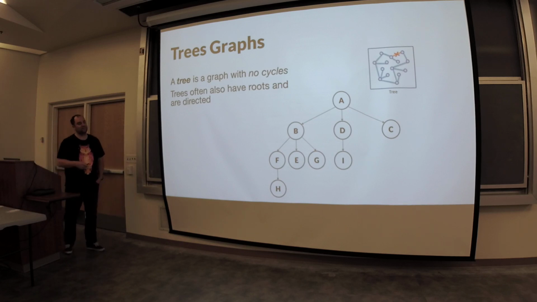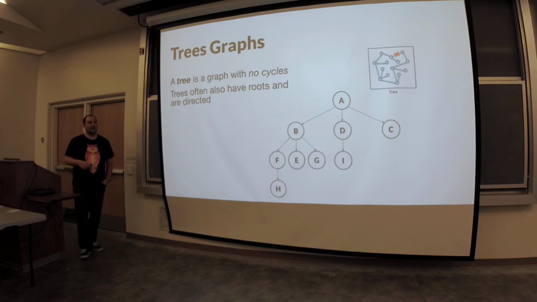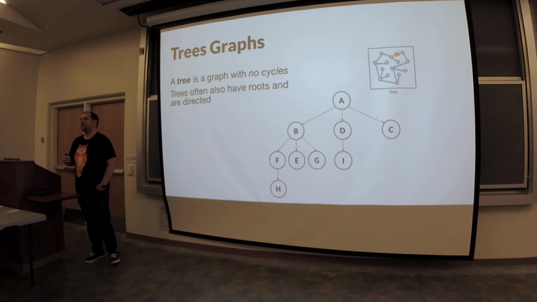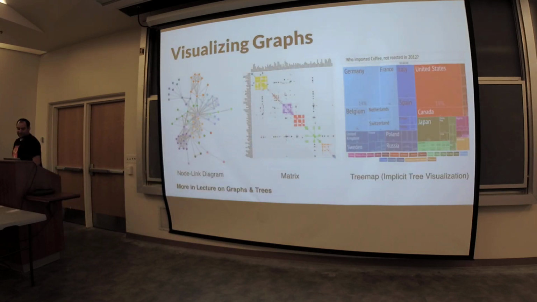The properties of trees allow us to use different visual encodings than for graphs. By having this restriction on the topology, we can use more efficient visual encodings to unambiguously encode a tree. Here are some examples, and we'll have two lectures on graphs and trees.